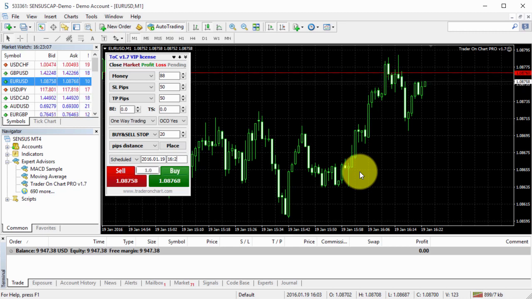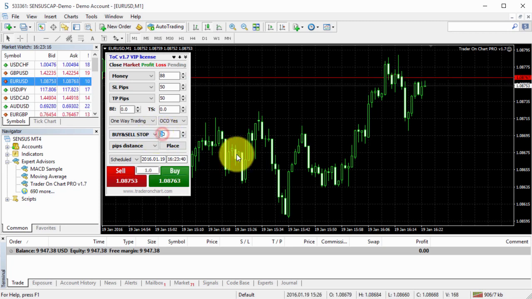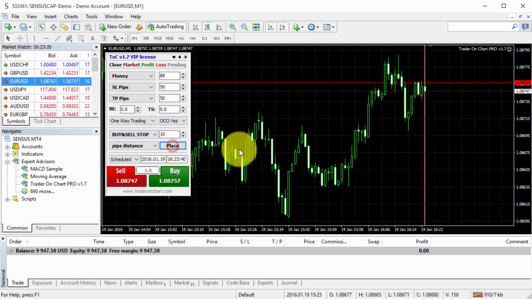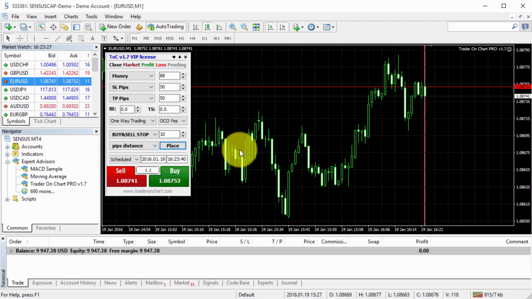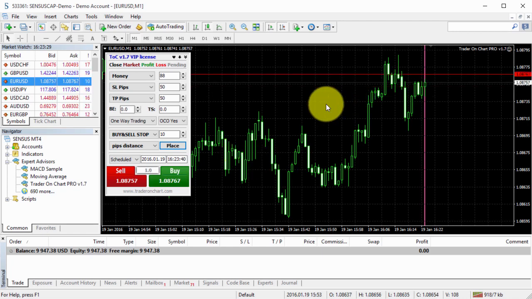It actually works with seconds, so I can do 23 and, for example, 40. And then I can say, place my 2 pending orders 10 pips from the distance that will have. So I click place button, and it creates this horizontal purple line, and it means there's a scheduled order.